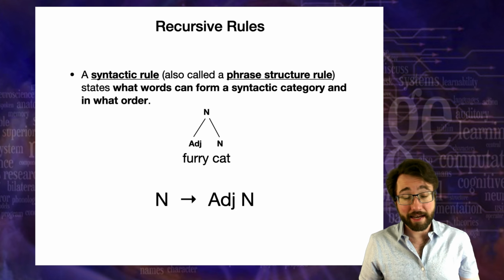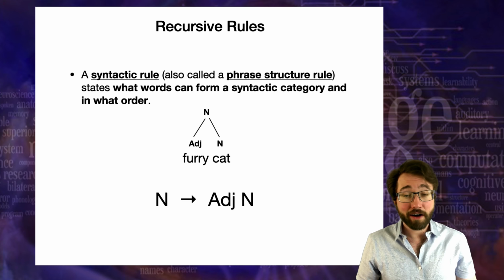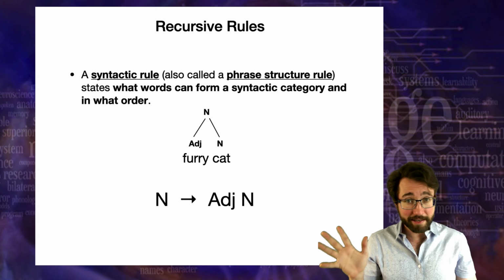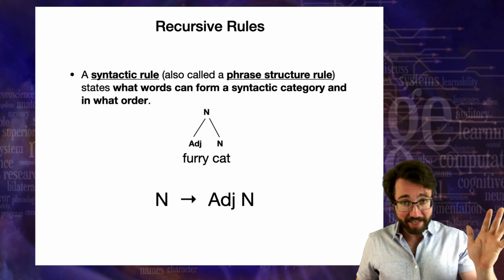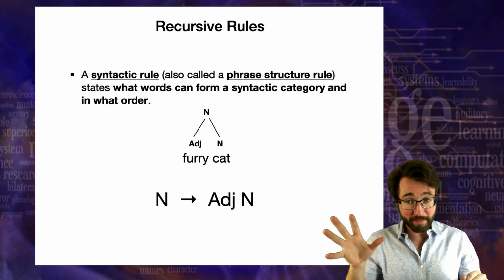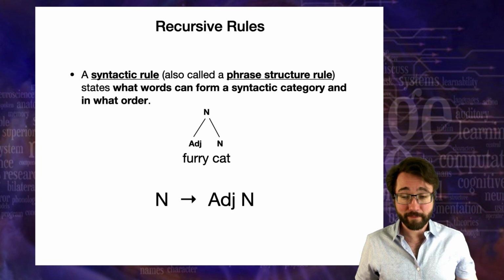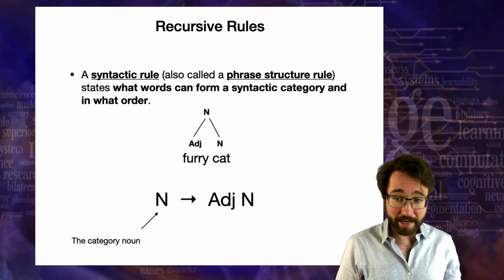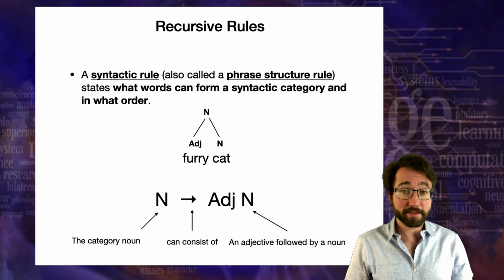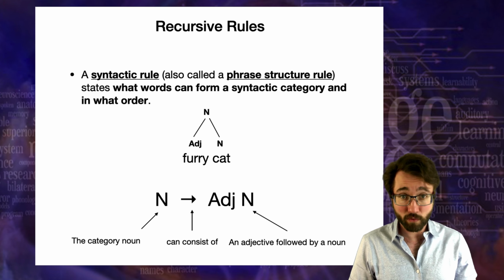The category N can consist of adj followed by N. This is a recursive rule because we see that same category N on both the right-hand side of the rule and on the left-hand side of the rule. So the right-hand side means to the right of the arrow. The left-hand side means to the left of the arrow. The category noun can consist of an adjective followed by a noun, a recursive rule.